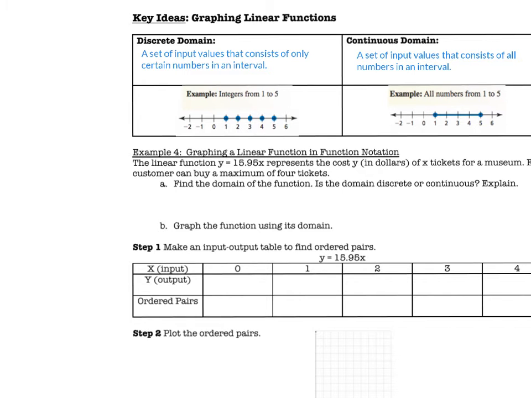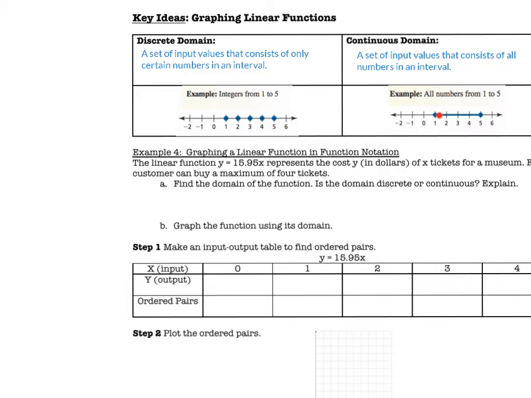Graphing linear functions. We have discrete domains and continuous domains. Discrete domains, if you look at the example right here, you'll see that you have a set of input values that consists of only certain numbers. So we have 1, 2, 3, 4, 5.